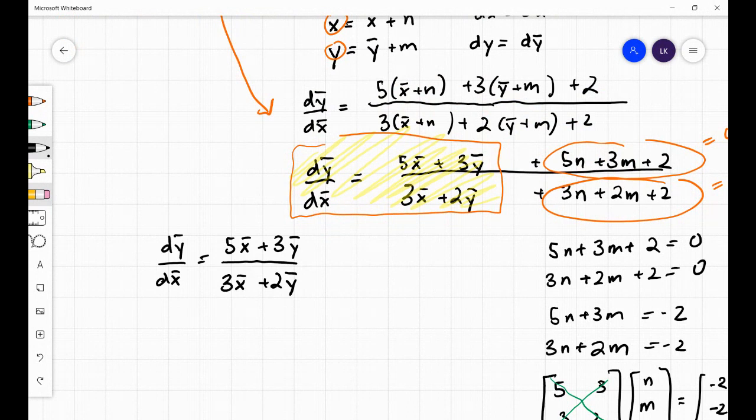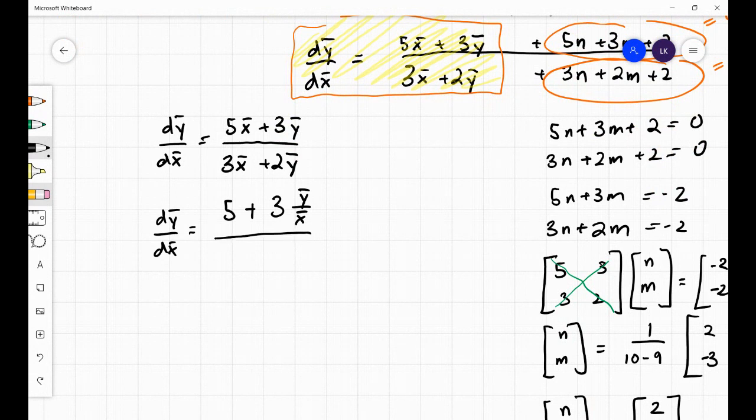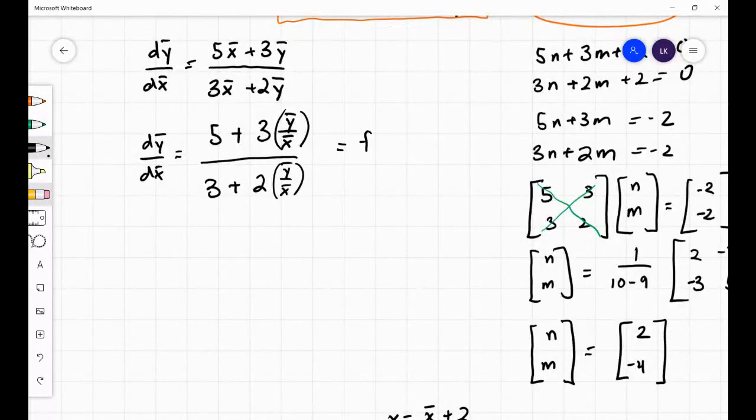Okay. So when we see it's homogeneous, after we divide the top and the bottom on the right-hand side by x bar, we proceed by using v, I suppose.